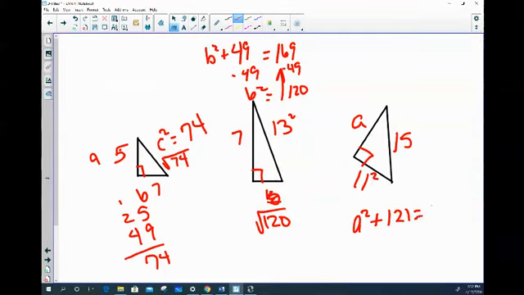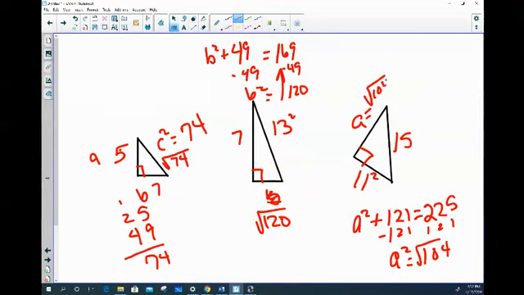And I know that 15 squared, if I plugged it into a calculator, is 225. So I'm going to subtract 121 from both sides, and I get A squared equals 104. So now I'll take the square root to find the length. So the length is the square root of 104.